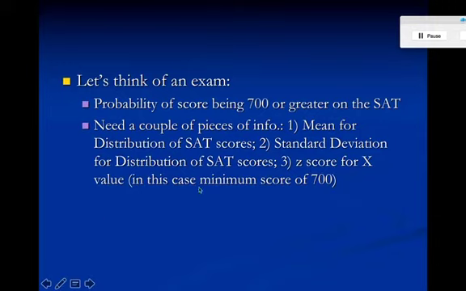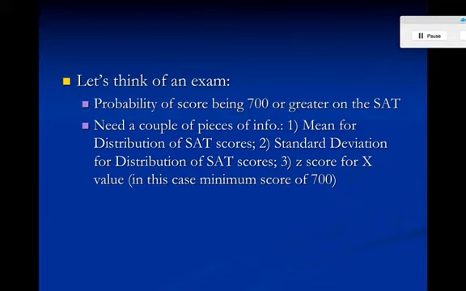In our particular case, the minimum score I'm looking for is a 700, so whatever my z-score value is, that z-score and above is what's of concern. I want to know the minimum value a person needs to get, and anything above that, and then find the probability of them getting that score.